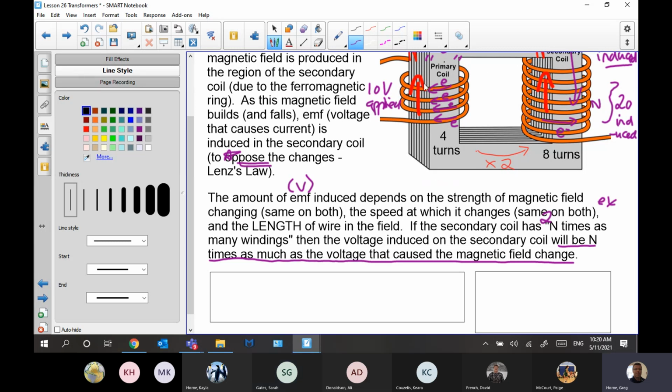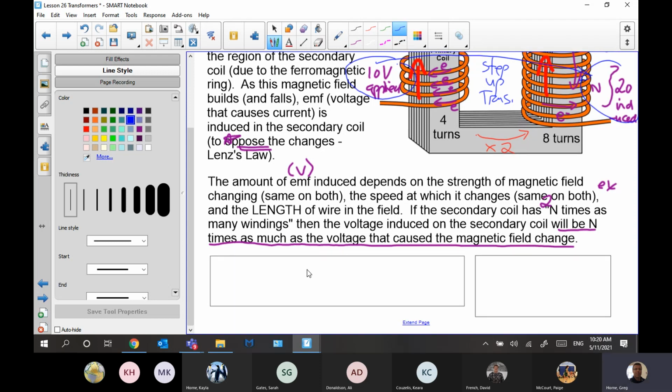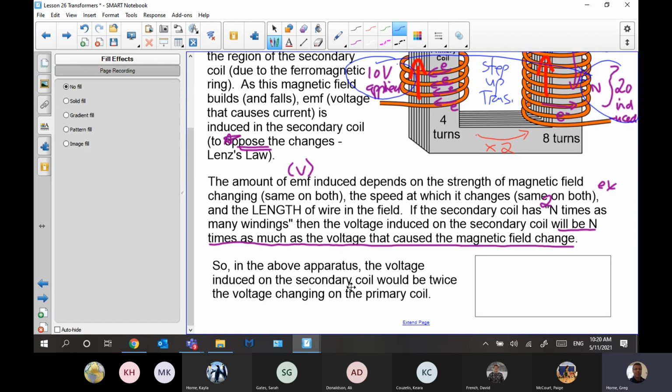So see how this is functioning as what they call a step up transformer, because we're going from 10 volts applied to 20 volts induced. So that's going to be called a step up transformer. I want to explain a little bit more about that.